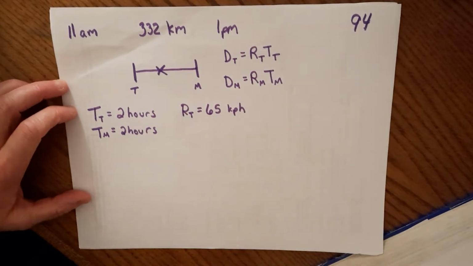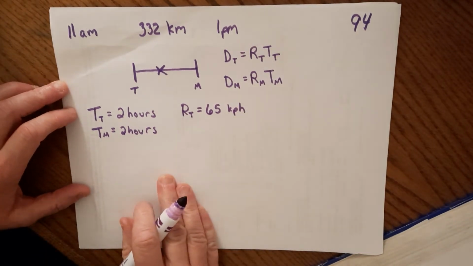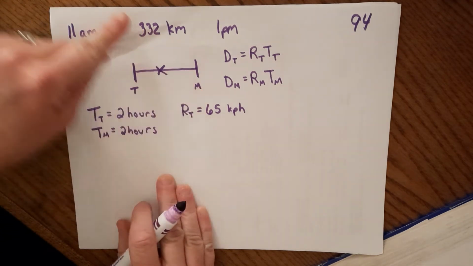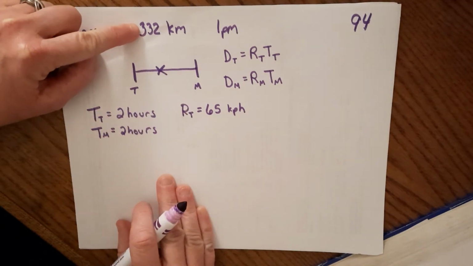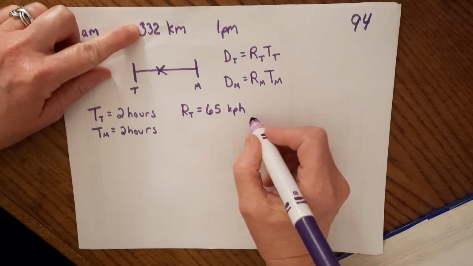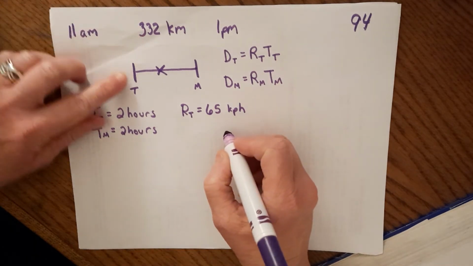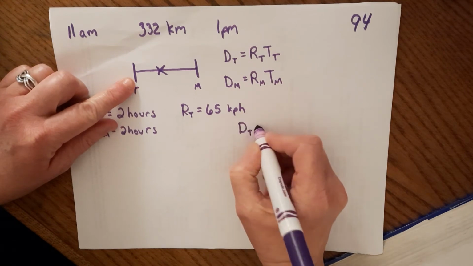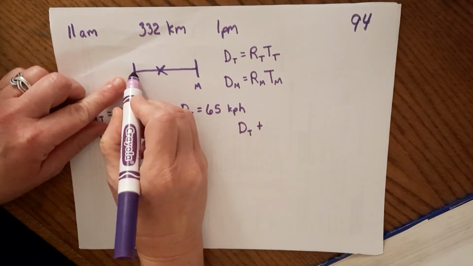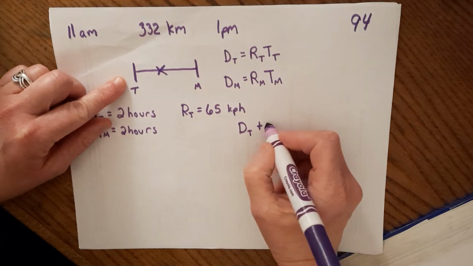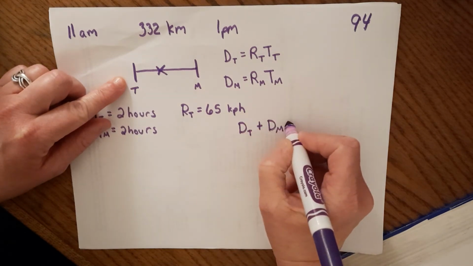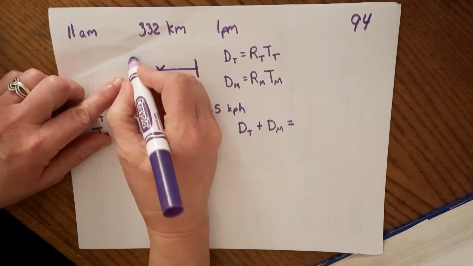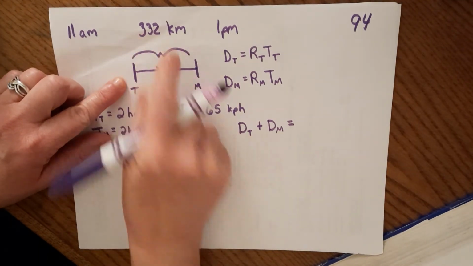We do know another piece of information. It says that the distance between Toledo and Mackinac was 332. So we can write that as the distance that the Toledo train went, plus, so the Toledo train went from here to here, plus the distance that the Mackinac train went, that's from here to here, equals this total, which is 332.